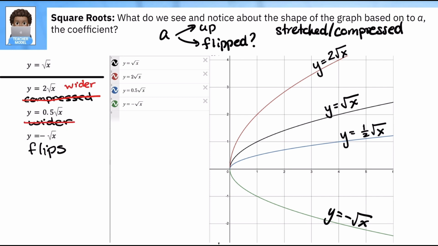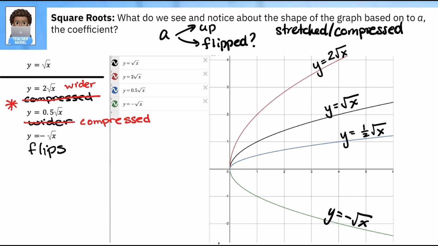And when we had a less than 1, it was actually compressed. So these two flipped from what we've previously seen multiple times. I want us to really name that and stamp that in our minds that this is happening for the square root ones, because it wasn't true for quadratics or absolute value. But it is true, at least for the negatives, that the flip still remains. All right, let's hit pause and jot this down into our notes.